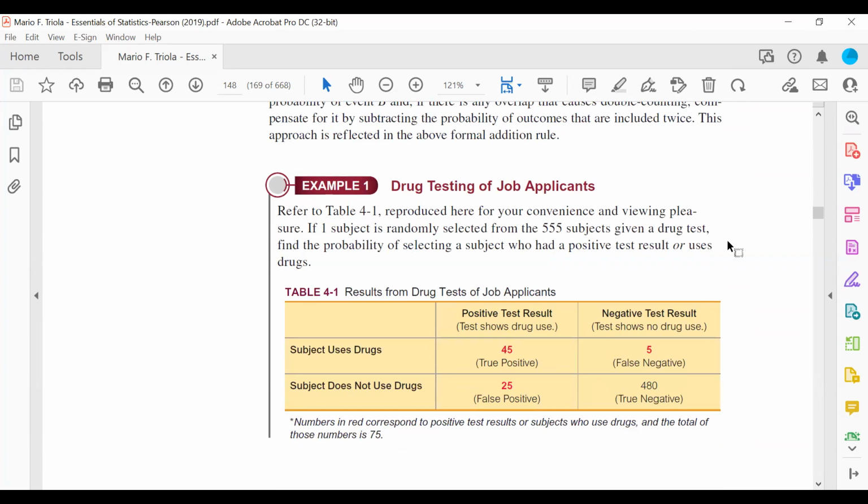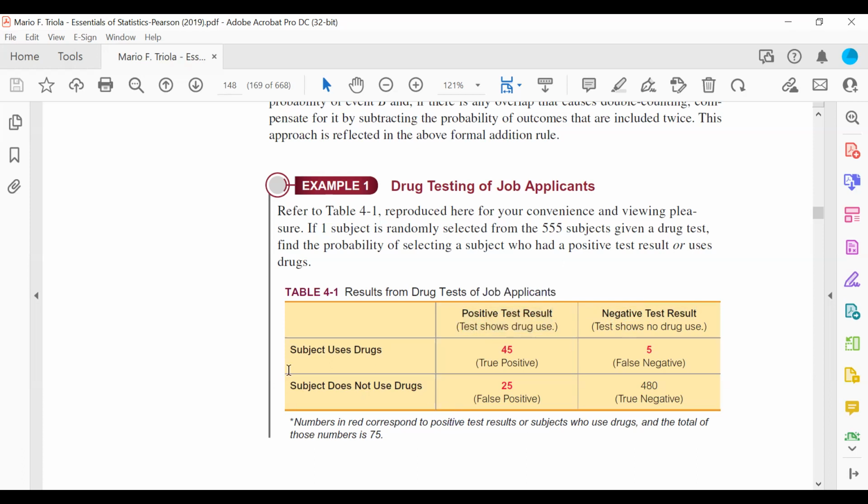All right. So notice when you have a Punnett square, you've got two units. You've got one to describe the columns. These two columns represent the test results. When they get tested for drugs, they come out either positive or negative. So these are the column categories: negative and positive test result.